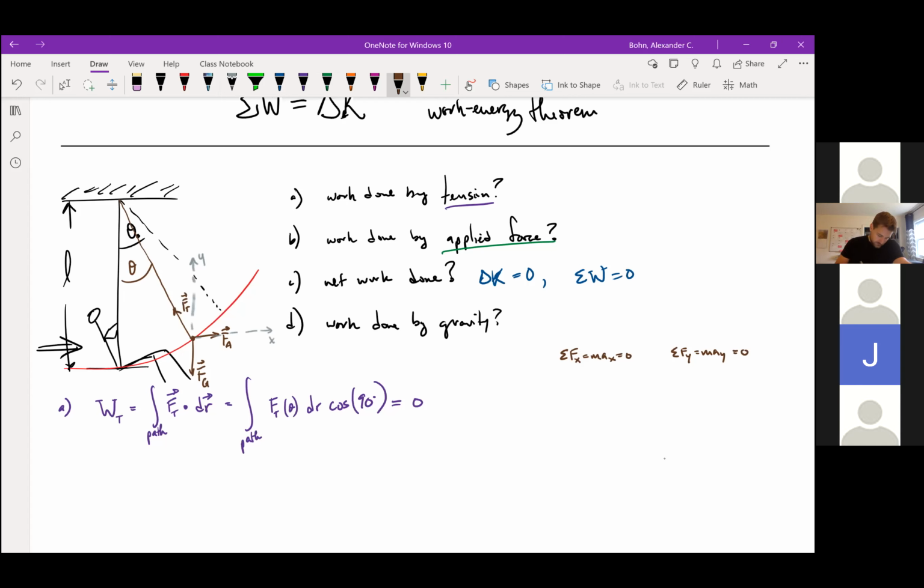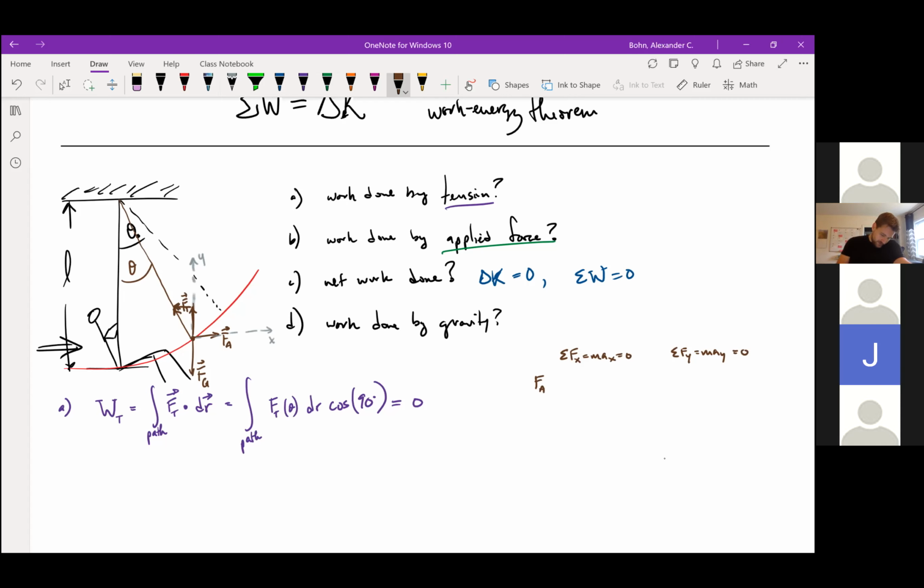Okay. Horizontally, our applied force and, oh, wait a minute. We've got the left going component of tension and the upgoing.